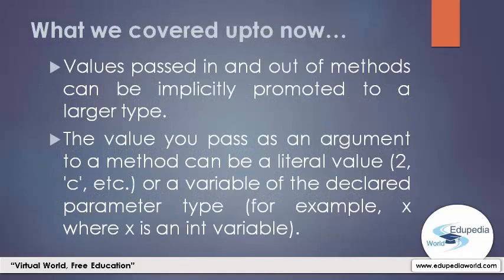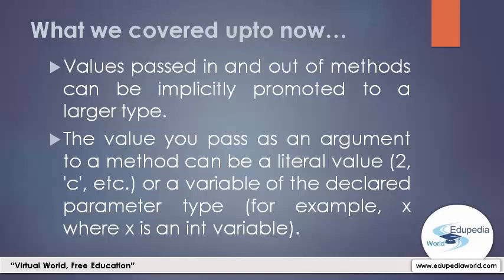So if you are passing a lower-size data type value, you can implicitly promote that value into a larger type. For example, if you are passing a short variable value, you can implicitly promote it into an int type value.